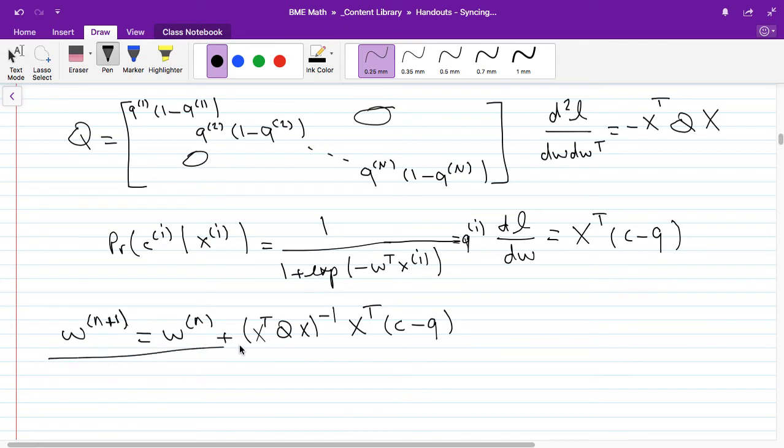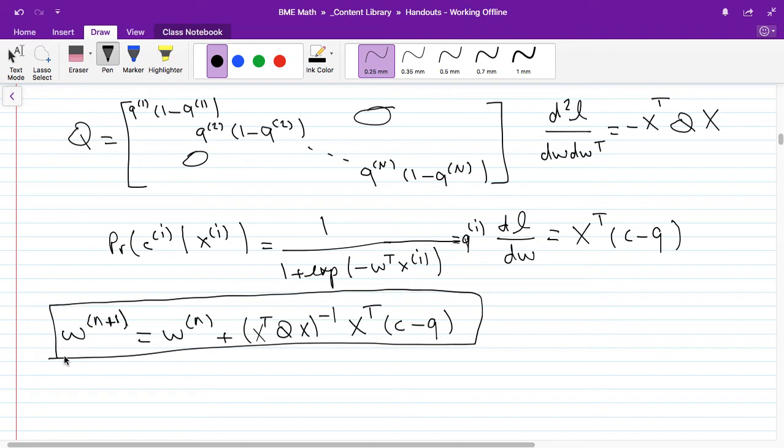This is called iterative reweighted least squares, which is giving you regression using batch learning on the parameters of the logistic function.